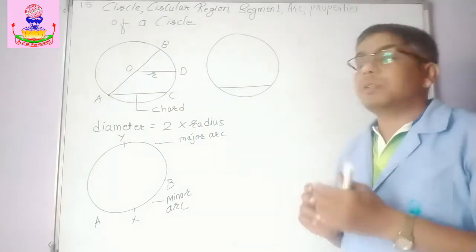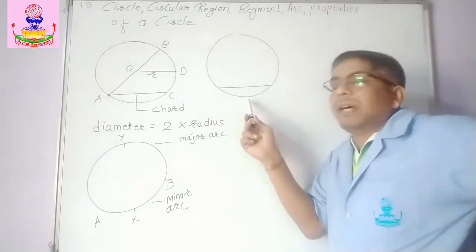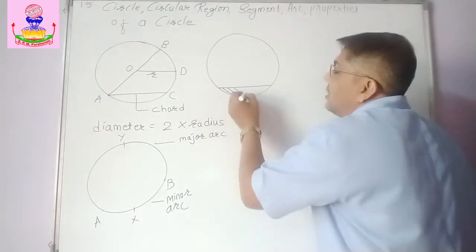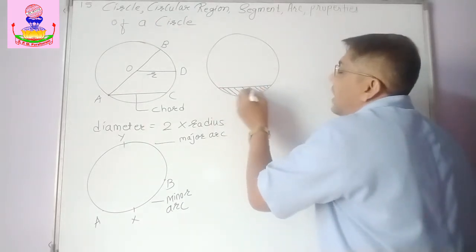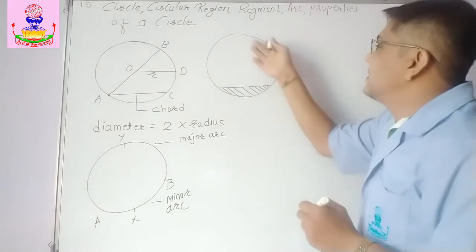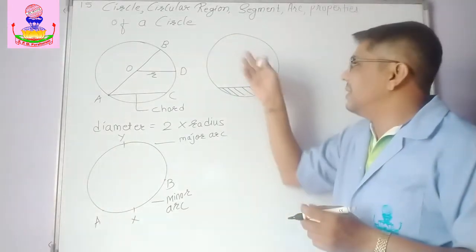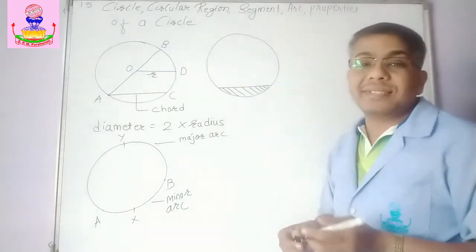The region formed by the chord and the minor arc is called the segment. And this is the minor segment, and this is the major segment.